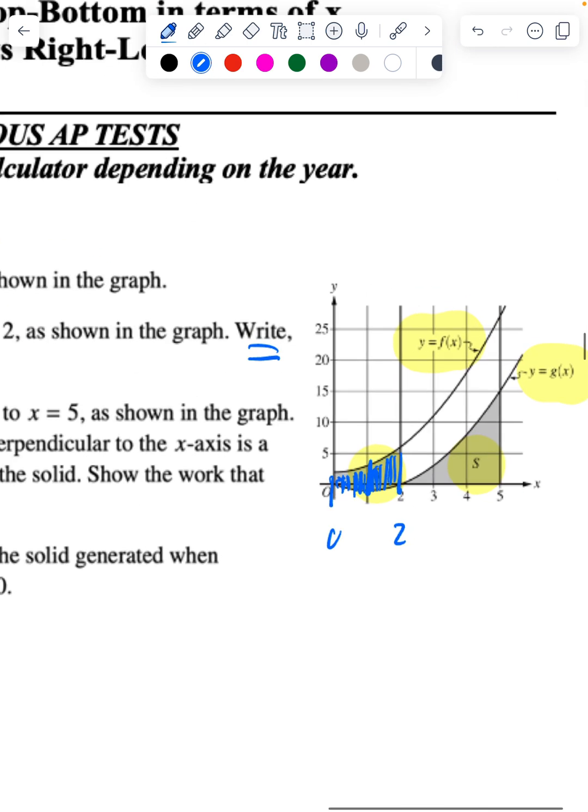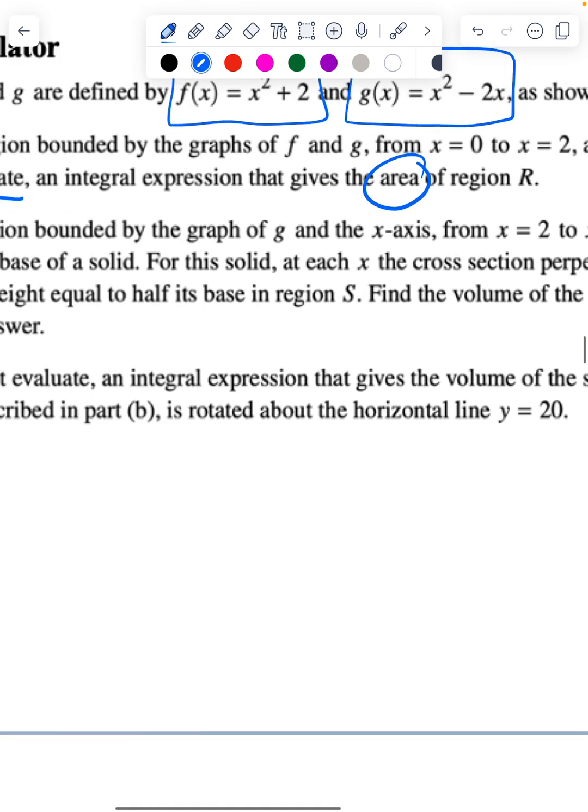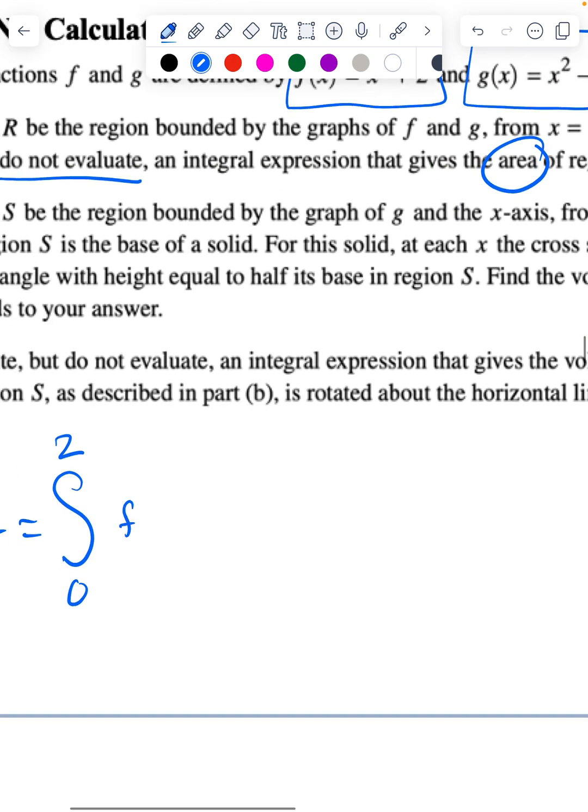If you look, the top of these is going to be f, and the bottom of these is function g in that region. So I would have my f of x minus my g of x, and then that whole thing is my top minus bottom. And then please, please, please, whenever you write an integral, remember to put at the end the dx, dy, d, whatever the variable is that you are using.